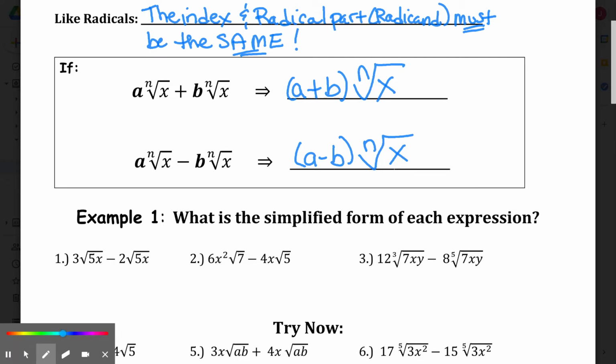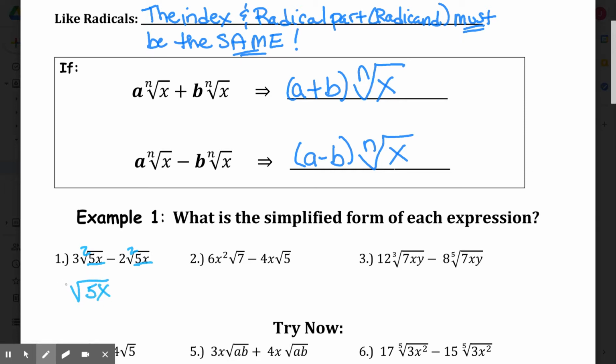So let's talk about a couple of examples. For my first example, we need to simplify each expression. If you notice, they both have 5x as the radicand, and they're both square roots. So all we're going to do is go 3 minus 2, which gives us 1. So that's the square root of 5x.